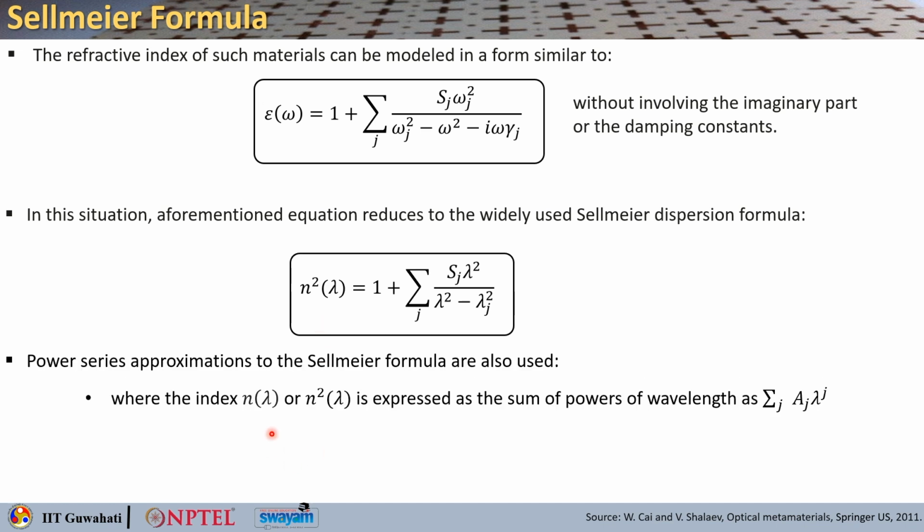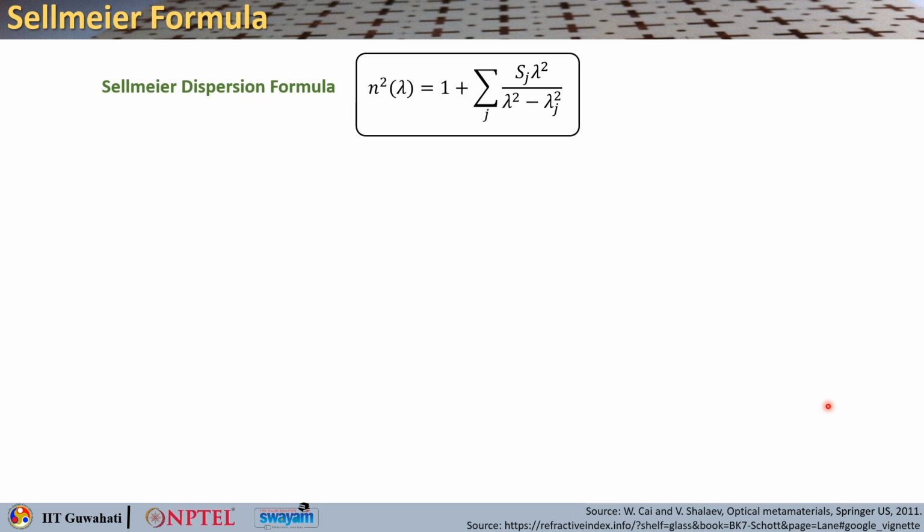The power series approximation to the Sellmeier formula can also be used, where the refractive index n lambda or the square of it can be expressed as a sum of powers of wavelength, something like summation over j a j lambda to the j, where j can be both positive and negative, right.